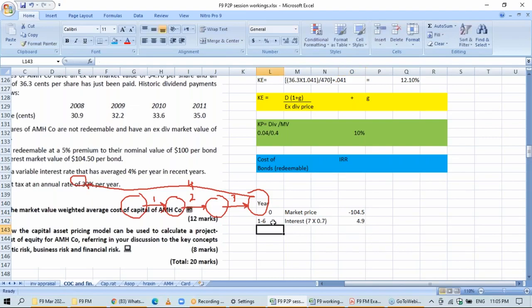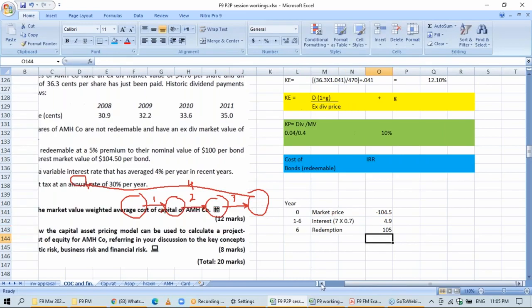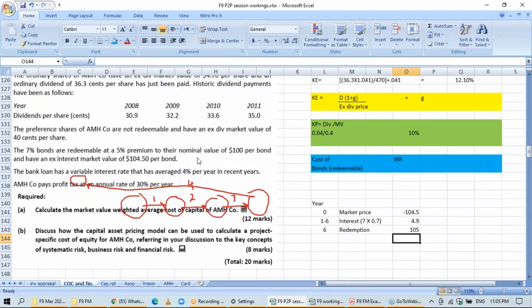So always the interest will be taken net of 30%, as there is a tax payment on the income. And then once the 6 years are over, there will be redemption of the bond, and the investor will get back his money, which is the redemption amount of 105. All of this is given in the question. Let me show you first.